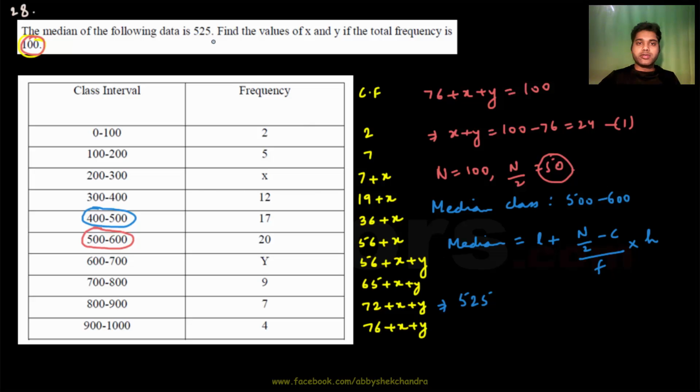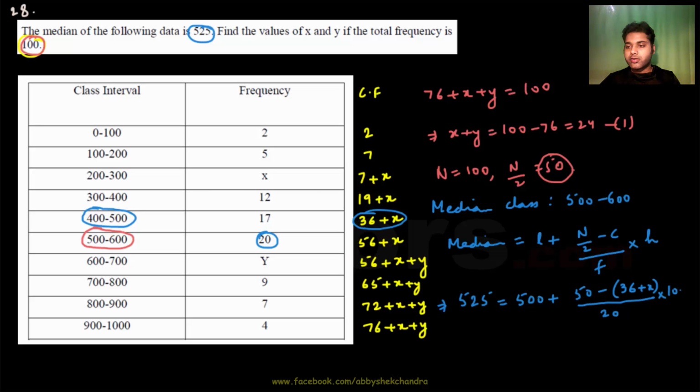Is 525. It's given in the question. 525 equal to, what is L? It's 500 plus n by 2 is 50 minus C is 36 plus X divided by F is 20 into H is 100.